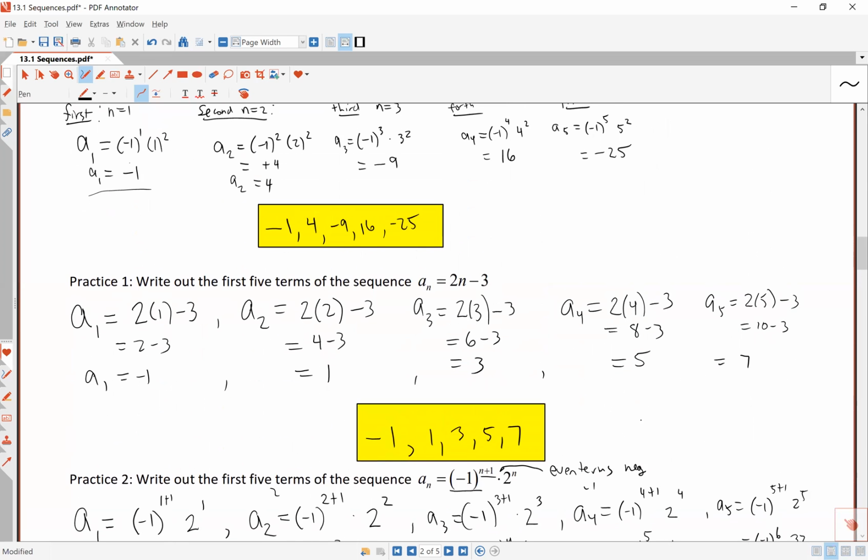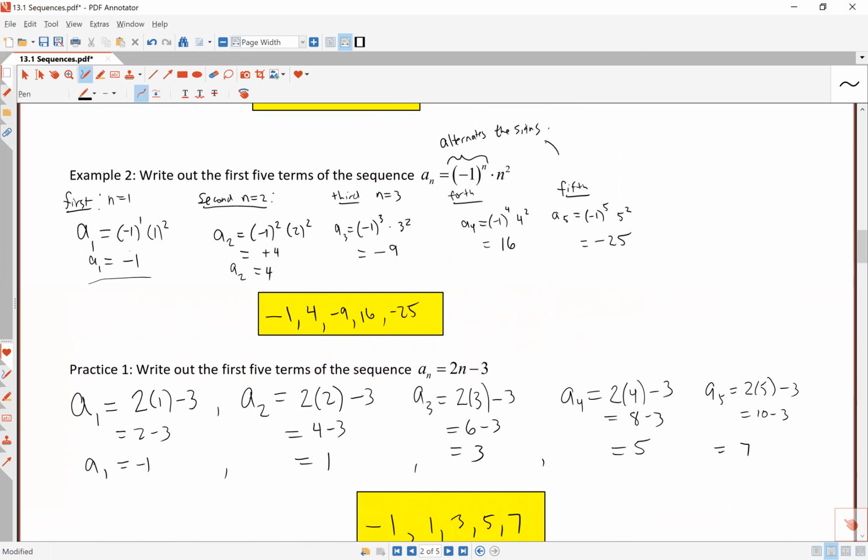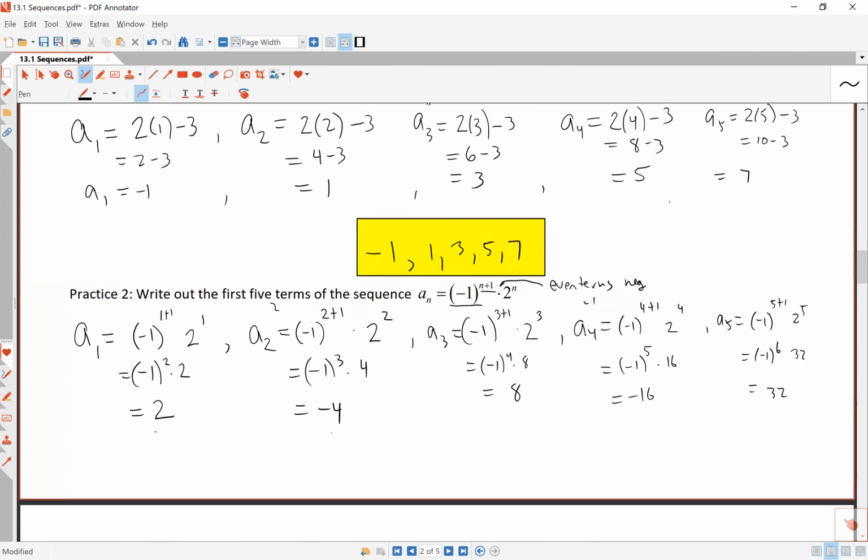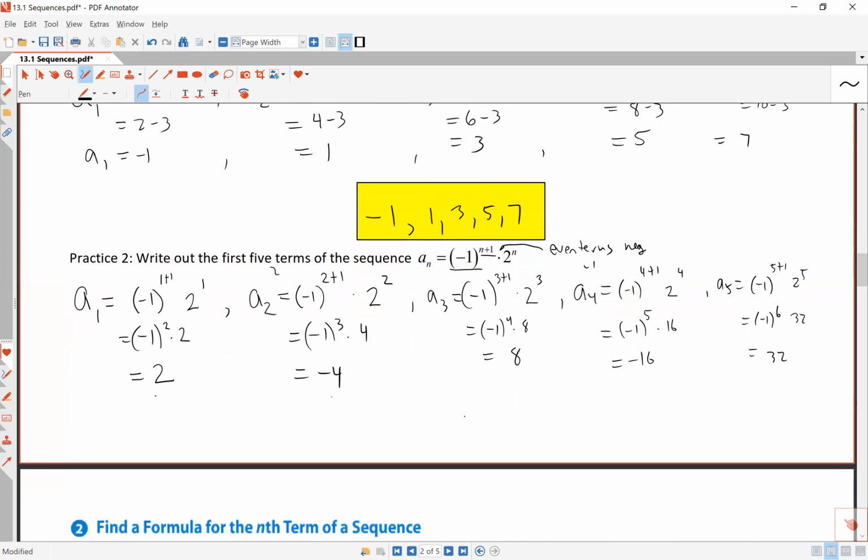But the negative 1 to the nth power, this made the odd terms negative. The odd terms are the first, third, and fifth. The even terms are the second, fourth, and sixth. Those are going to be negative in practice 2. So that'll be crucial in objective 2 when we find a formula for the nth term of a sequence.